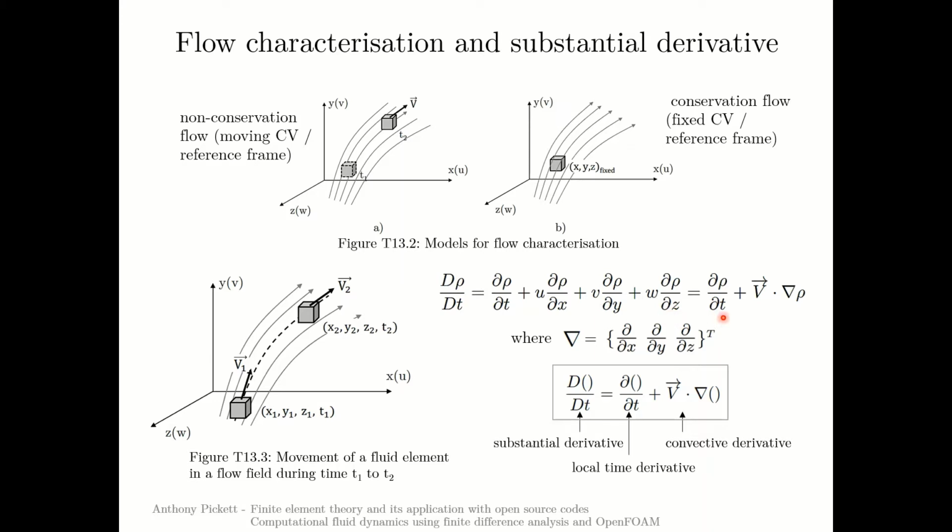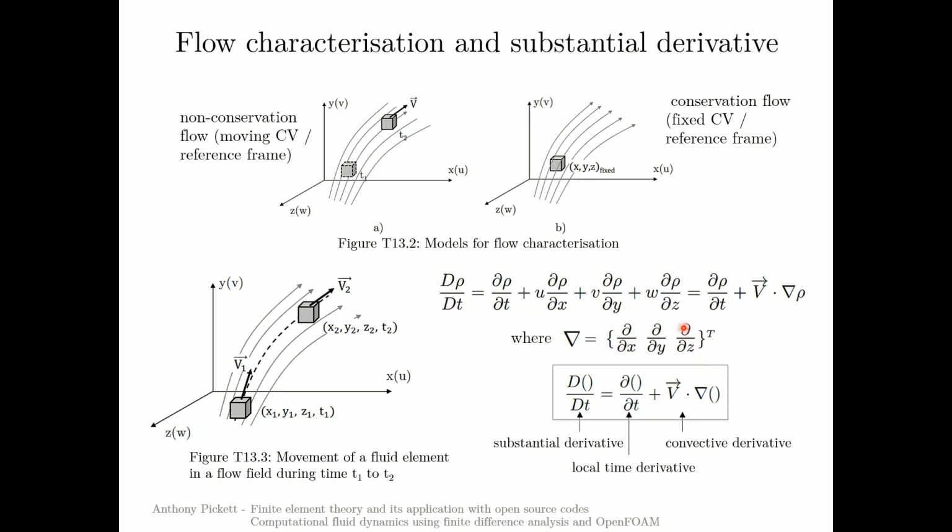That can be expressed in this simplified or abbreviated form here. Here is the local derivative, and here are our convective derivatives. And this nabla operator is given by this term here. This applies not only to density, as I've shown here; it can apply to temperature, velocities, and other fluid properties.